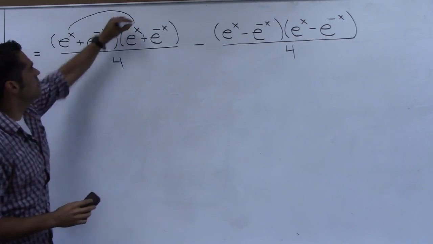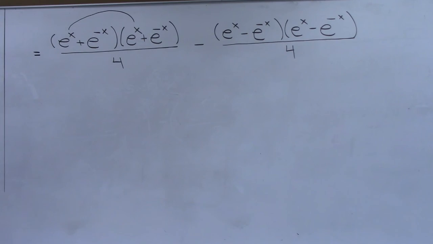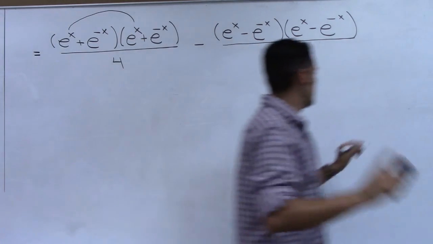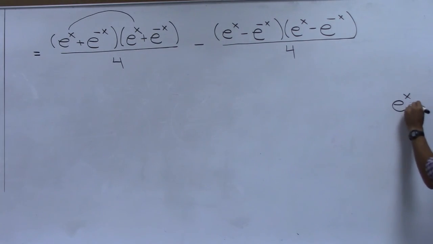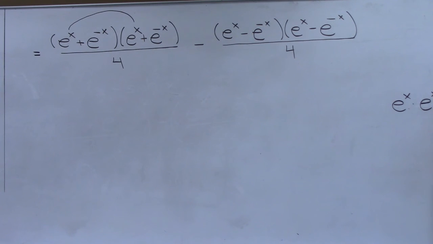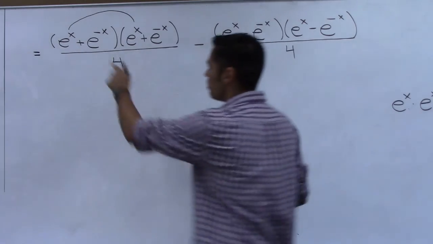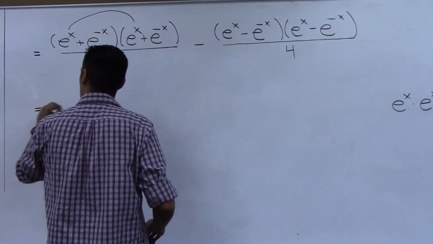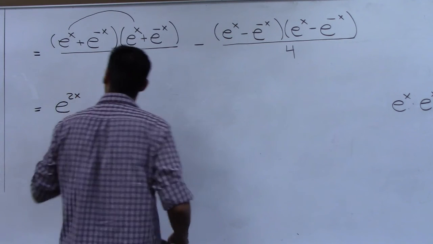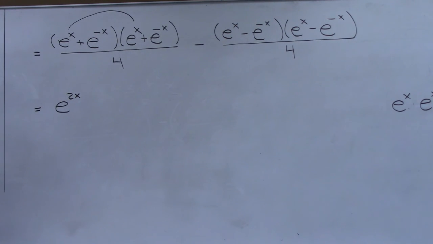So what's e to the x times e to the x? E to the 2x, right? E to the x times e to the x is e to the x plus x. You add the two exponents together. X plus x is 2x. So this first multiplication gives me e to the 2x. What about the next multiplication? Careful.